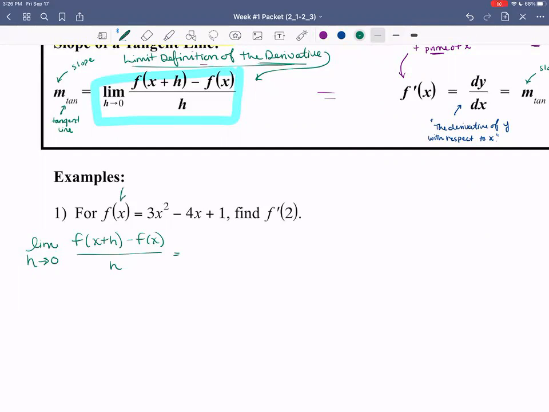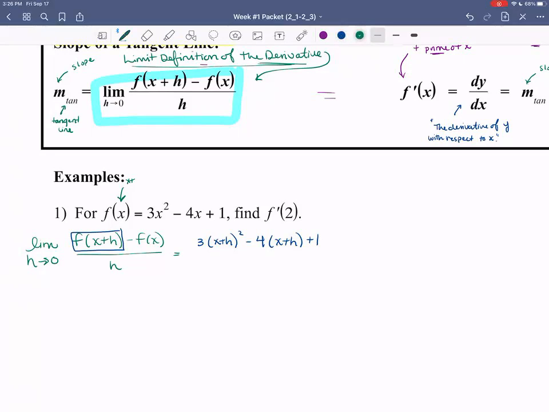So we need to input into our function x plus h for this first term, and then input x for our next term. So first, let's compute f of x plus h. For us, that would be 3 times x plus h squared minus 4 times x plus h plus 1.